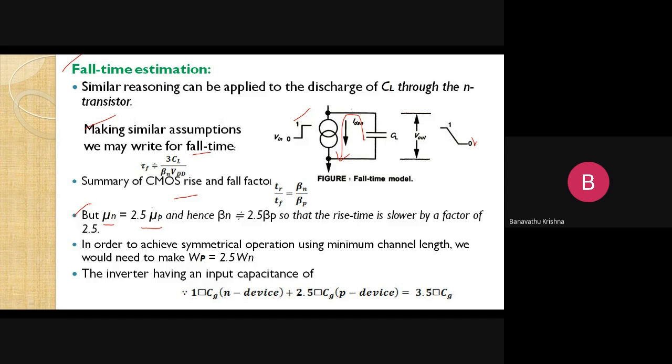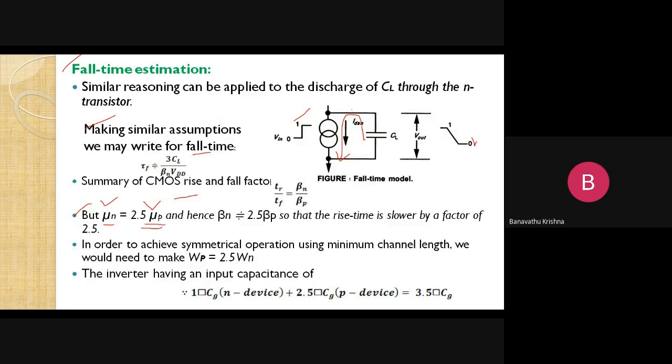In the n channel the mobility of the electron is more compared to the mobility of the holes in the p channel. So for equalization of the rise and fall times, we want to increase the effective mobility of the charge carriers in the p channel.